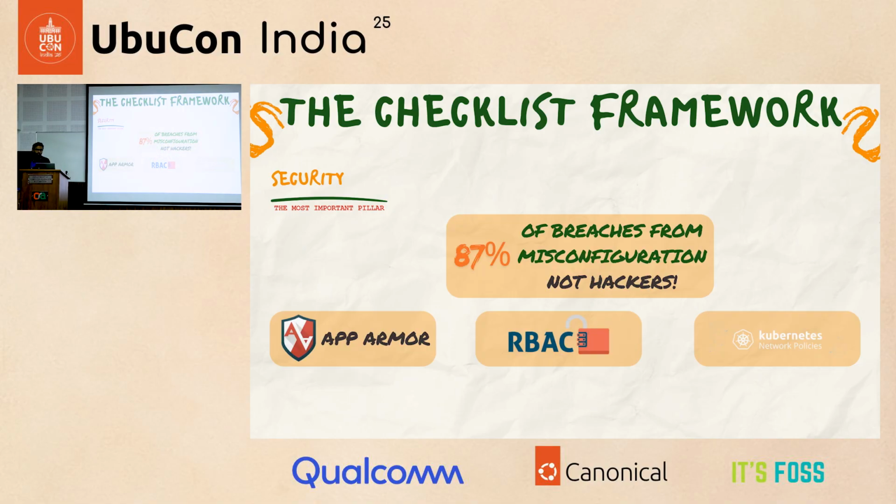AppArmor, why I mentioned it in security as the most important, is because the data says that 80% of breaches that happened last year were not because of some malicious hacker coming into the picture. This is because of misconfiguration by us or the production team. So that we have to avoid. And there are a lot of ways we can avoid it. One of the ways that I found built into Ubuntu is called AppArmor.